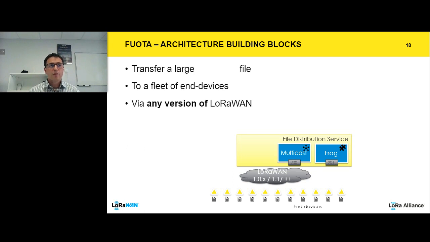The firmware update over the air goal was to be agnostic to those versions. So in order to achieve that, all the elements of the file distribution and of the communication with the device are done via the application layer. So there is nothing specific in the LoRaWAN link layer. It's all handled on top of that.